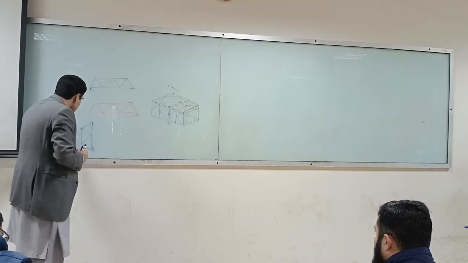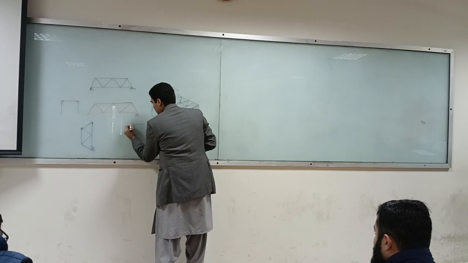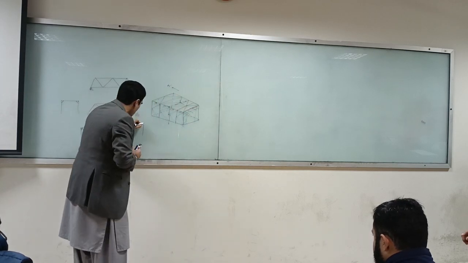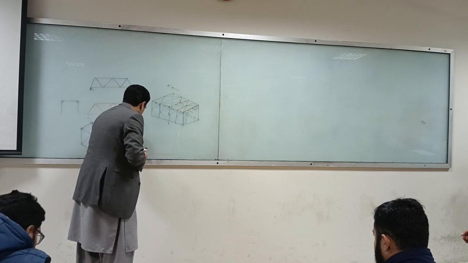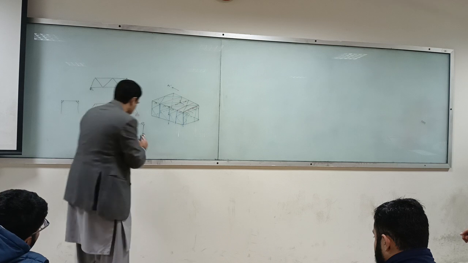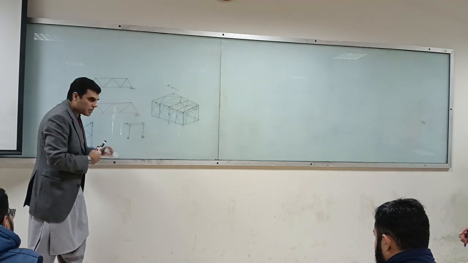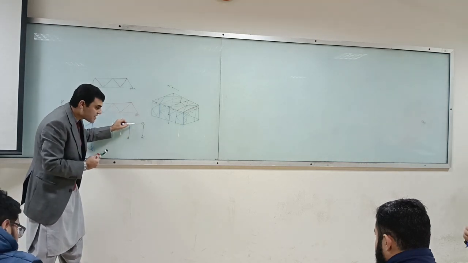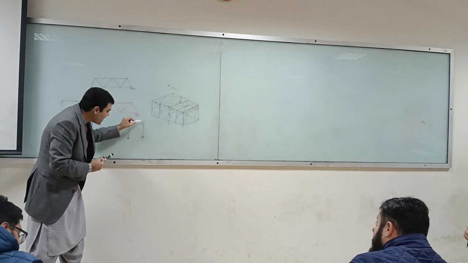For example, if I have a member like this, I provide a pin over here, this is also a pin, and this is also a pin. What will happen if I move it laterally? This will collapse. It doesn't matter whether this is a truss, this is a truss, this is a truss. Because I have pinned it over here, that's the reason.